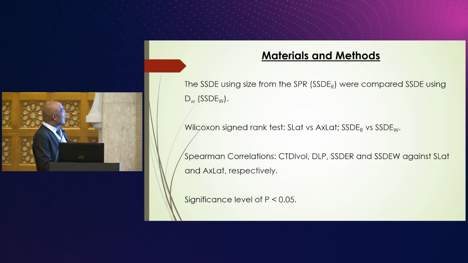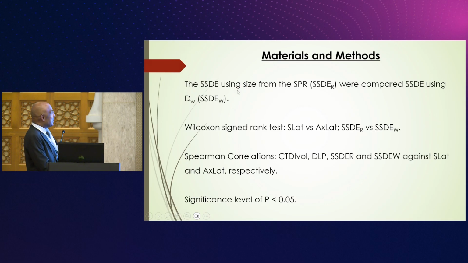So in terms of comparison, we looked at size-specific dose estimates from your scan projection radiograph, labeled with subscript R, and size-specific dose estimates using DW, with subscript W. So we compared those two as to how close this measurement was to this one.